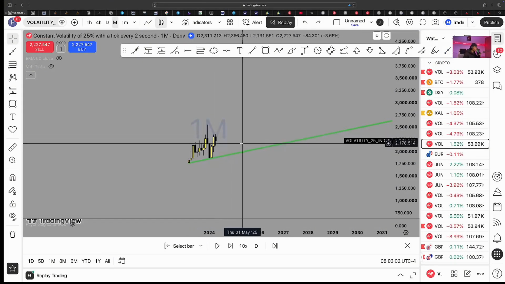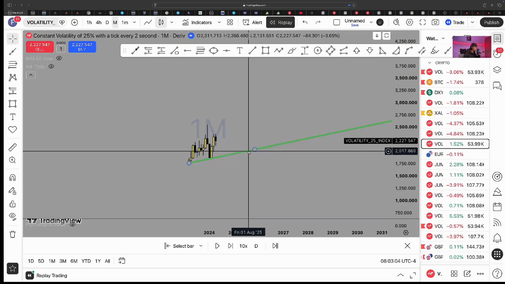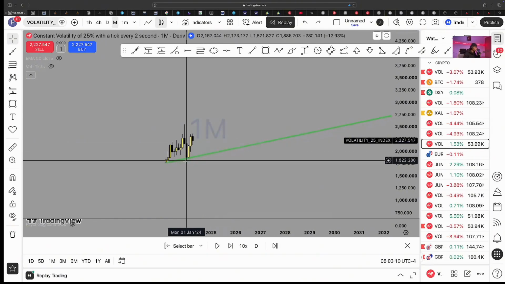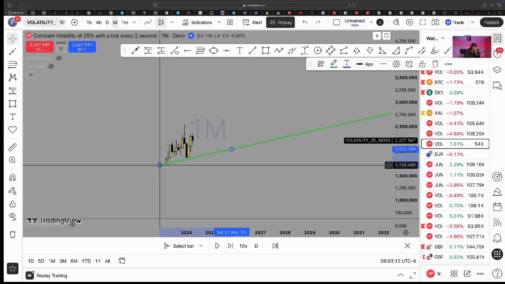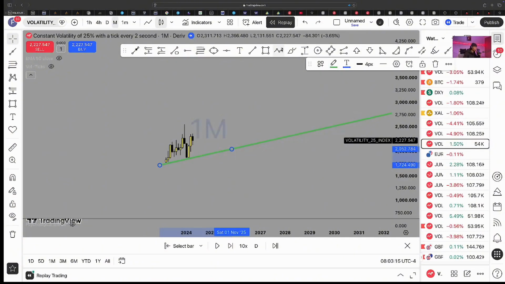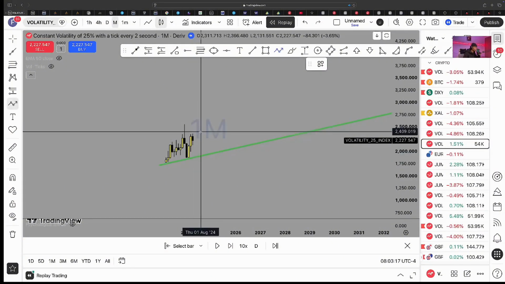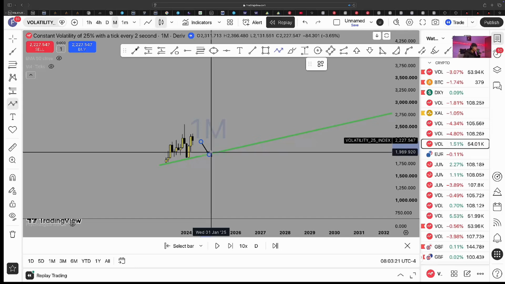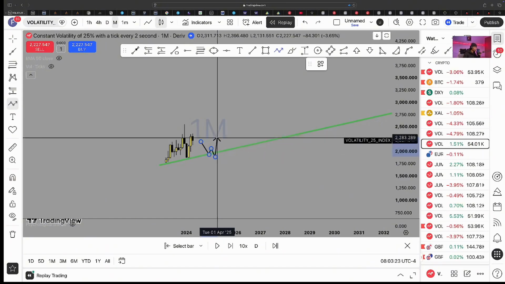So in the future, if we're gonna have a third touch, we're gonna look for a trading opportunity at this level. So what we are expecting is for price to give us a third touch at this trend line.